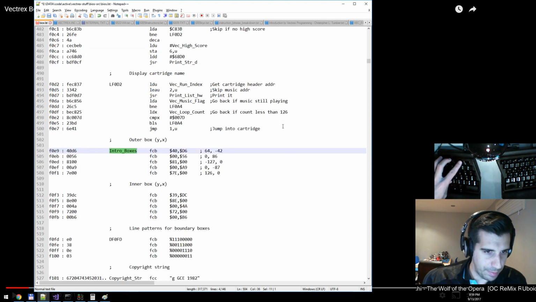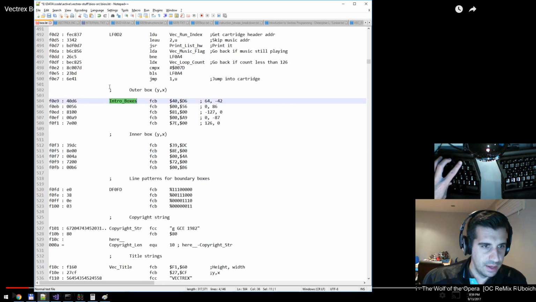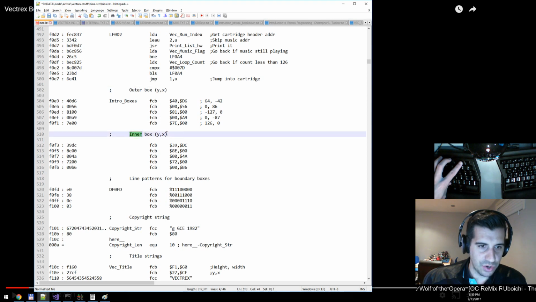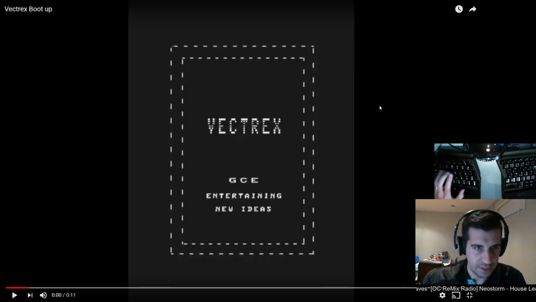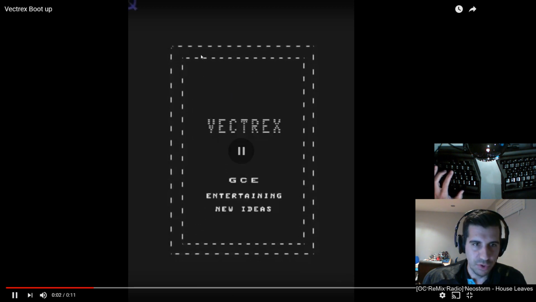If I remember, intro boxes is a label that first describes the outer box and then describes the inner box. It also has some line patterns for boundary boxes, because you can see there's actually a stippled pattern here, and they move over time.